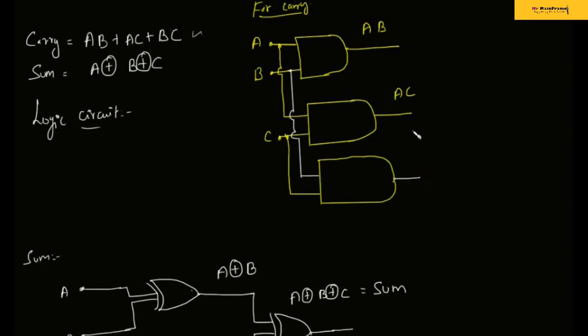Alright, so the output is going to be BC. So we need an OR gate so that you can connect all three gates. The OR gate can be made here. Connect this, this and BC also. The output is nothing but carry out.